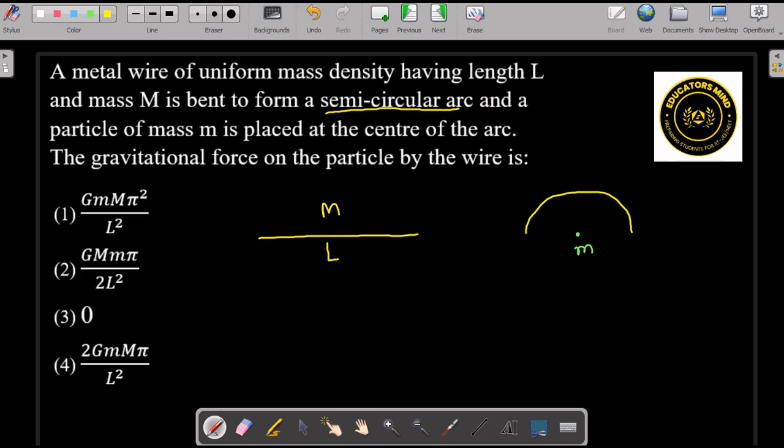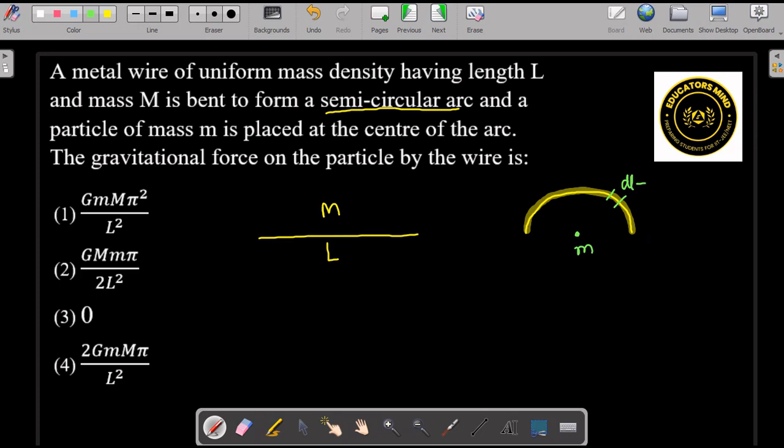So it's a uniform mass distribution, right? The distribution of mass of the wire is uniform along the length. Okay. So in such a case what we do is take a small element whose length is dl.